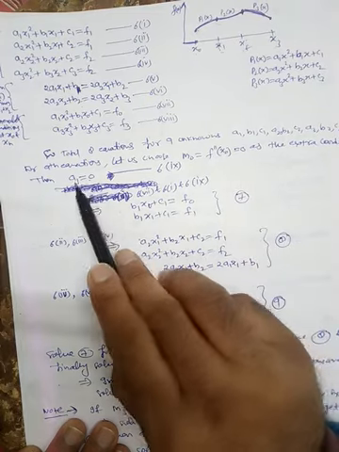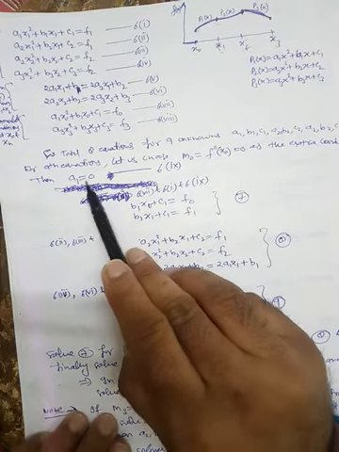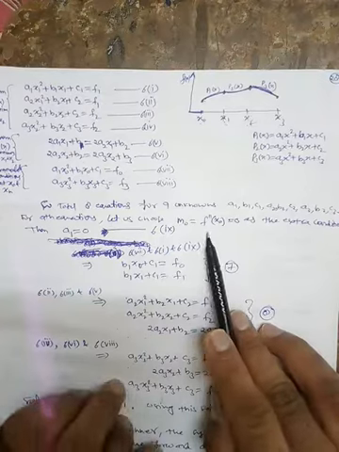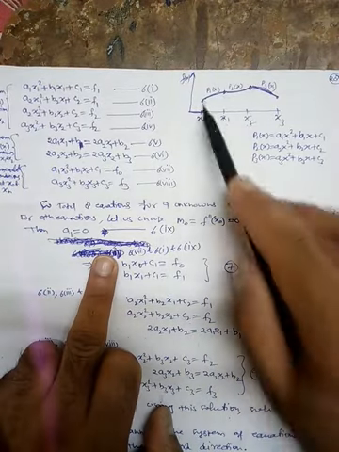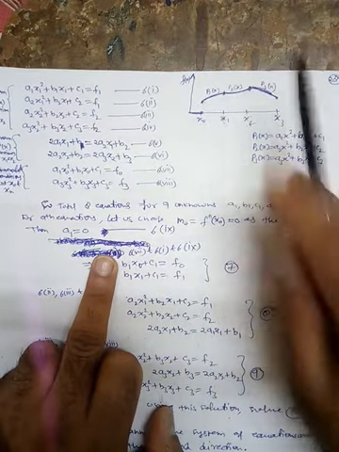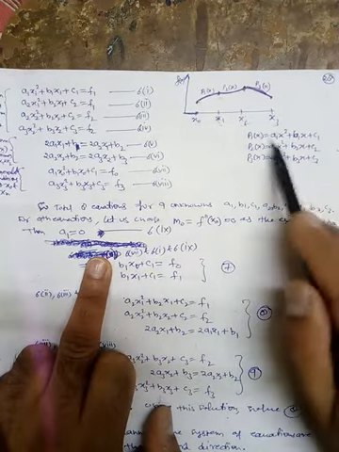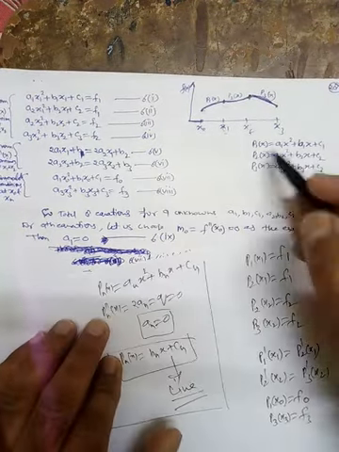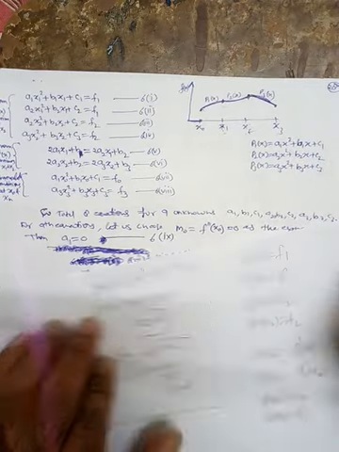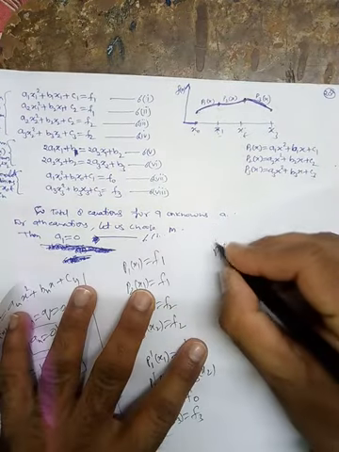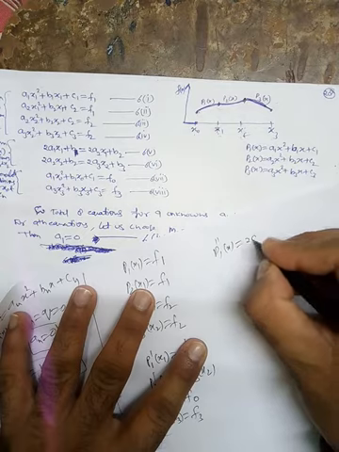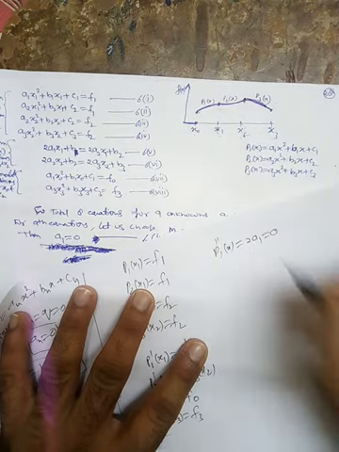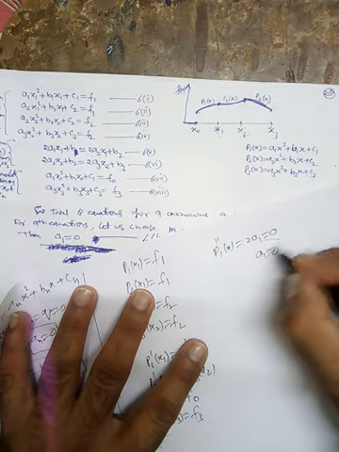So this will give you a1 is equal to 0, because in this interval the polynomial is p1. So just differentiate two times here. When you differentiate this two times, p1 of x two times derivative will provide you 2a1, and this is given as 0. So a1 will be 0.